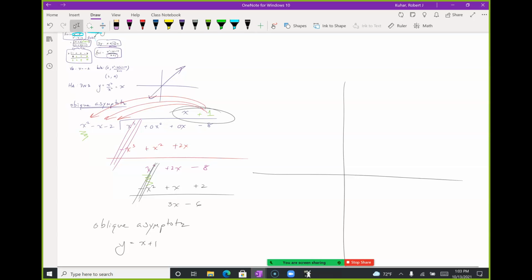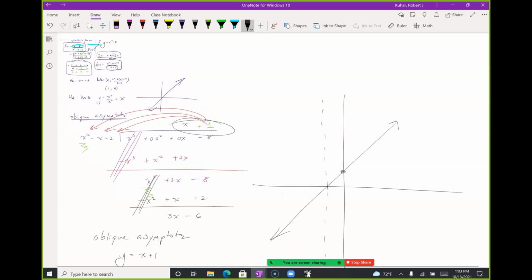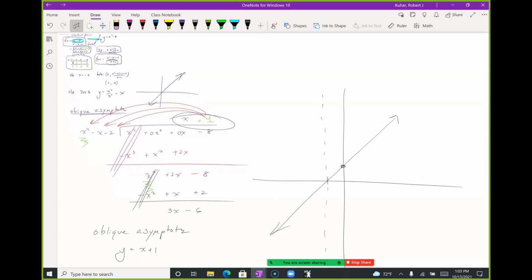Don't tell me. So y equals x plus 1 is my oblique asymptote, right? At x equals minus 1 is a vertical asymptote. Did I have intercepts? Oh yeah, 2, 0, right? And 0, 4.